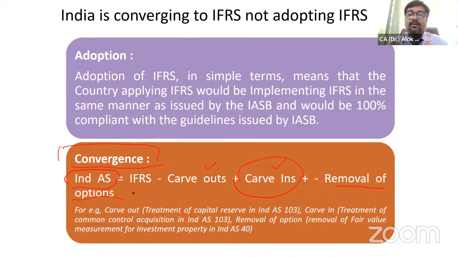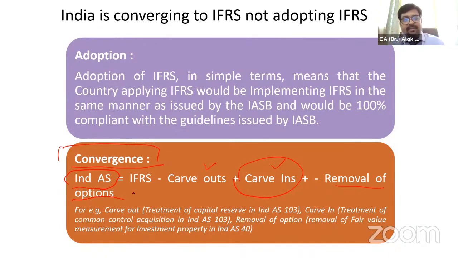We will only go by the cost method. We will disclose the fair value of investment property, but we will not recognize it. So there were two options in IFRS. We have cut down one option, and when we cut down one option, we call it a removal of option. So in India, 99% cut copy paste of IFRS is there when I say Ind AS, okay?